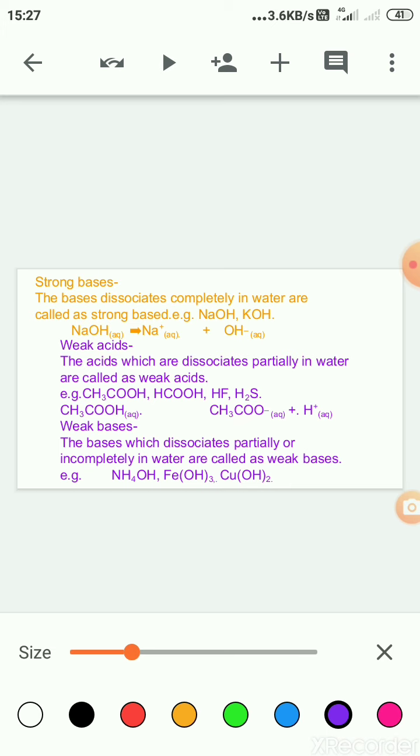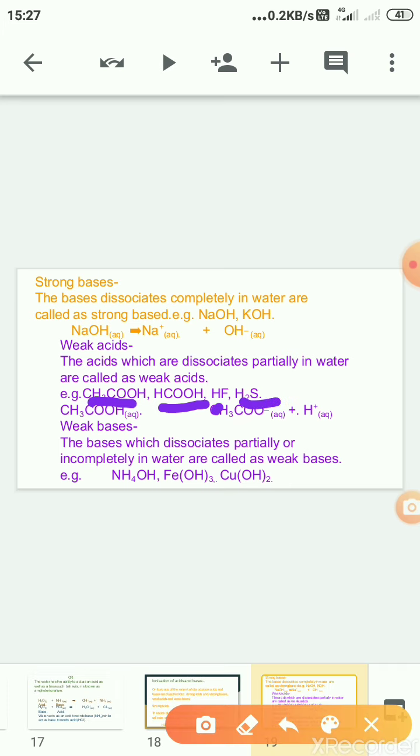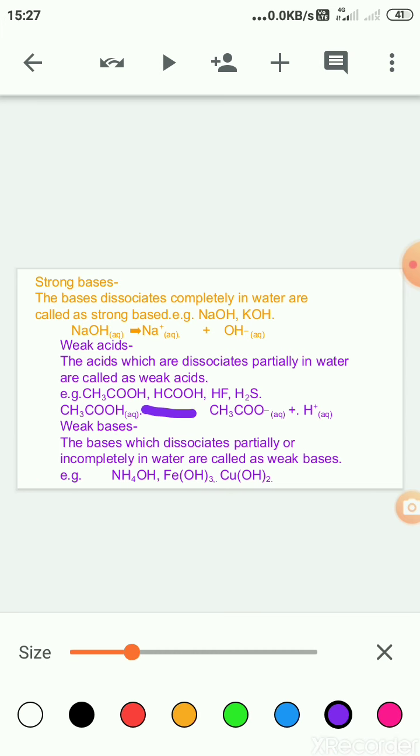Acetic acid, formic acid, HF (hydrogen fluoride) and hydrogen sulfide are examples of weak acids, which dissociate incompletely or partially in water to give cations and anions. Therefore, these are the weak electrolytes, and therefore it is denoted by a double-headed arrow. That means the equilibrium. It shows the equilibrium between the compound and its ions.